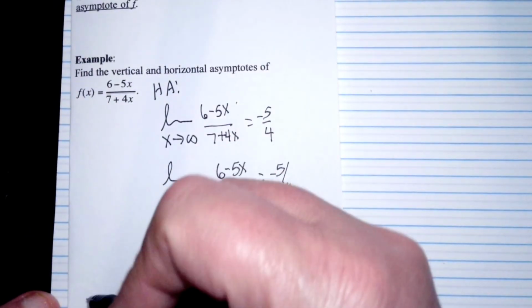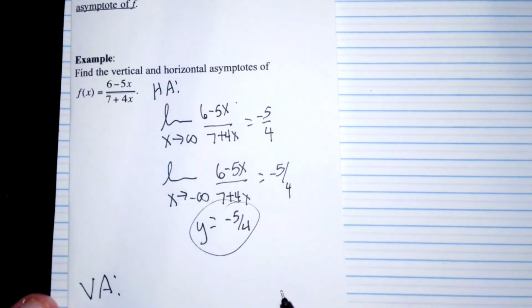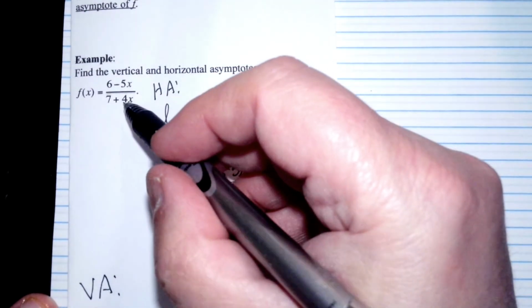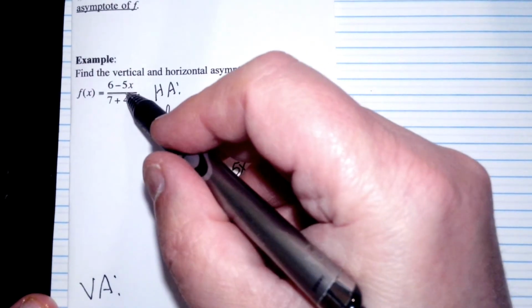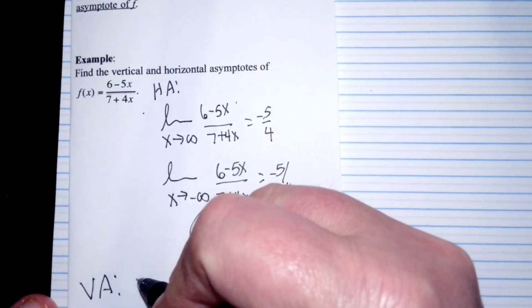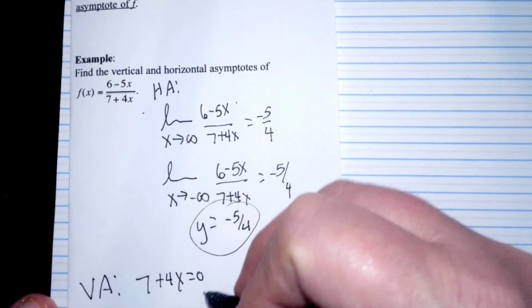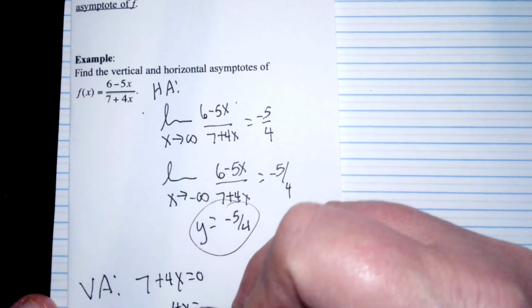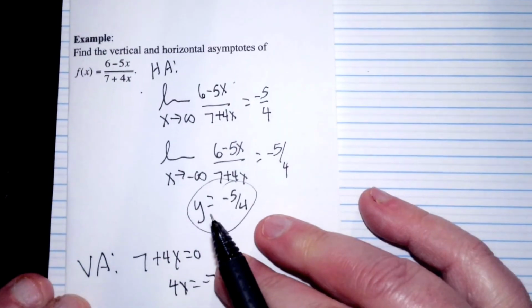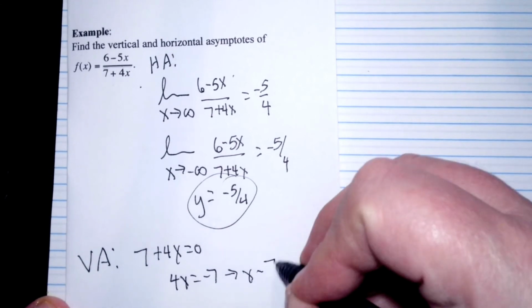Now the vertical asymptote we should be able to take care of quite quickly. We're looking for places where the denominator is 0 but the numerator is not. So we set the denominator equal to 0, and that gives us 4x equals negative 7, or x equals negative 7/4.